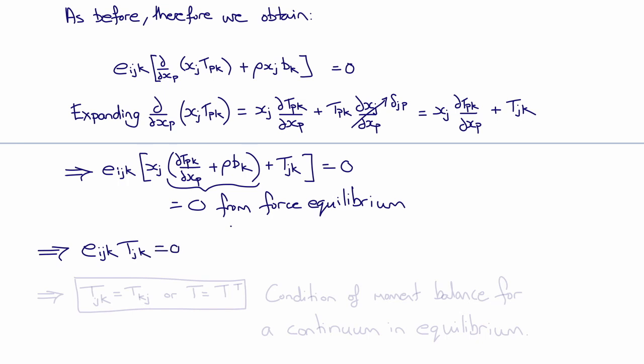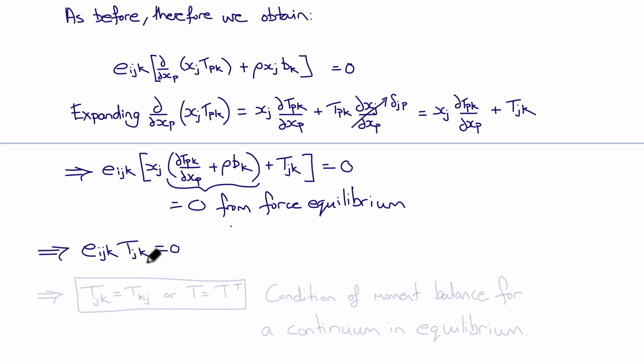Now if you recall the permutation symbol, it's 0 when i, j, or k are equal, 1 when i, j, k are a positive permutation of 1, 2, 3, and negative 1 when it's a negative permutation of 1, 2, 3.